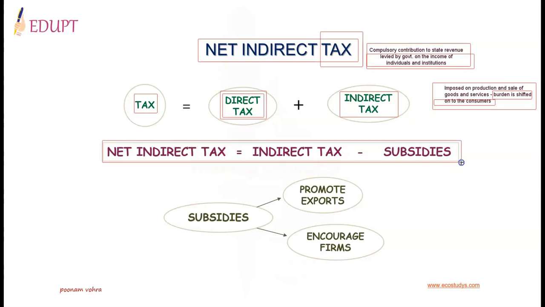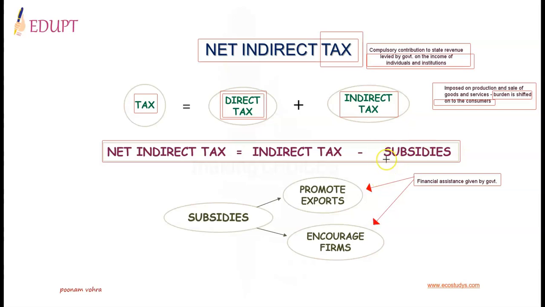Now what do we mean by subsidies? Subsidies are financial assistance given by the government to an enterprise either to encourage the production of certain commodity or promote exports or encourage firms to set up their industry in the backward areas.